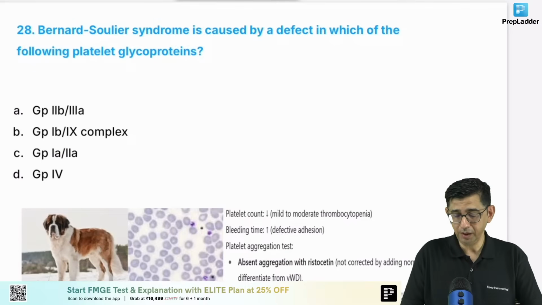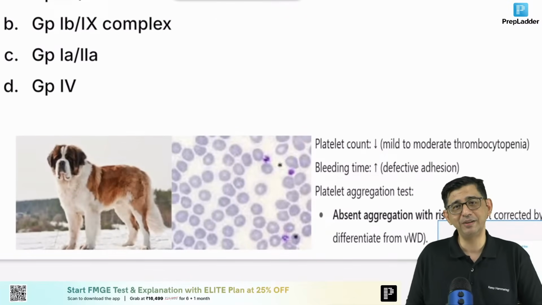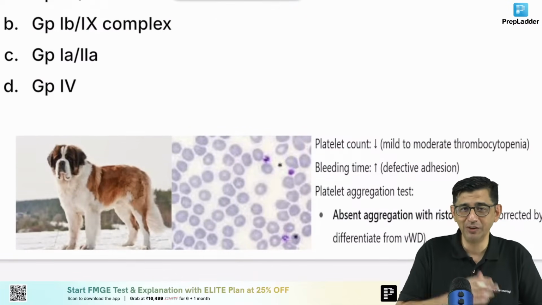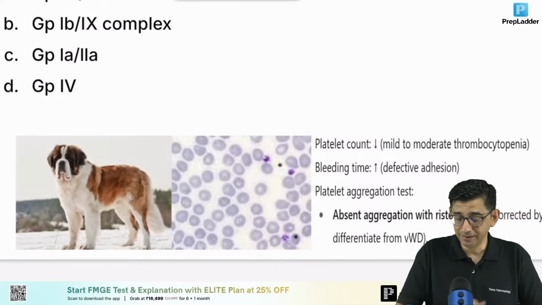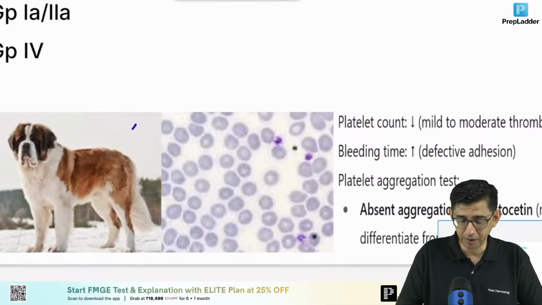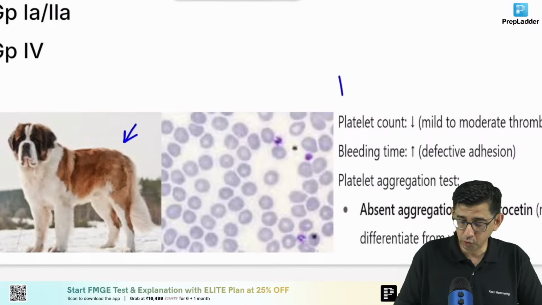Bernard-Soulier syndrome. Bernard, if you've seen dogs, you know, recently in Delhi there has been a lot of people fighting about dogs, but Saint Bernard as a species is a very, very big dog, and in a similar sense, Bernard-Soulier syndrome will have giant platelets. These platelets can be as big as lymphocytes, so sometimes you might get a pseudo increase in TLC.